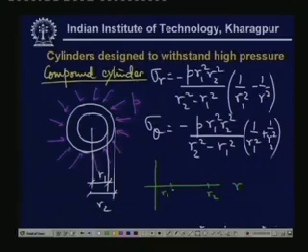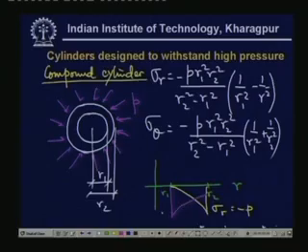Sigma R takes a value 0 and goes to minus P over here, as you can see. So, this is sigma R is minus P up to there, and sigma theta is quite large over here and goes to this value.